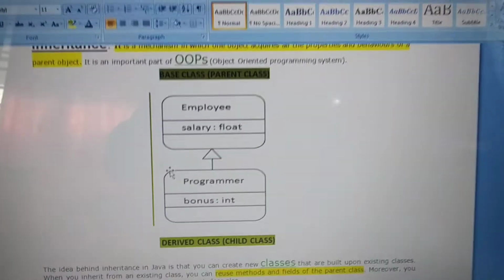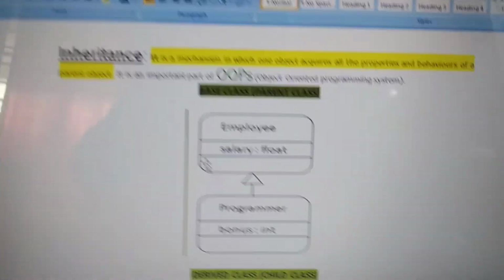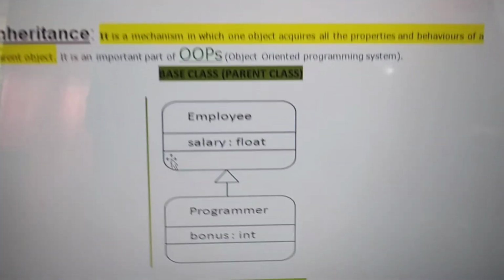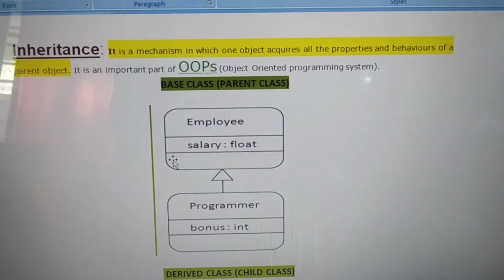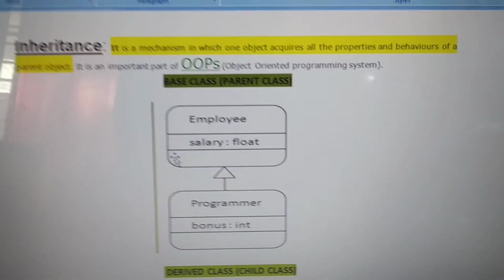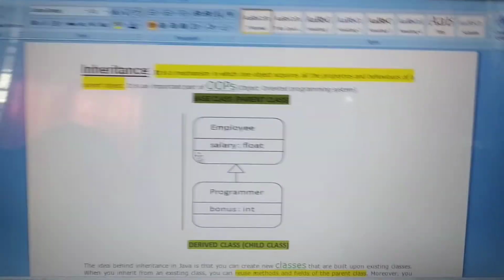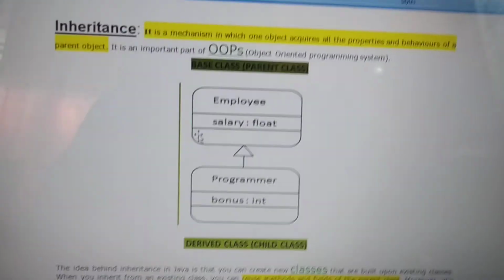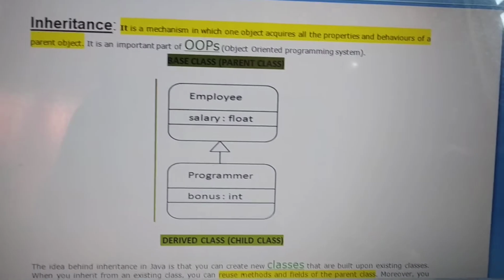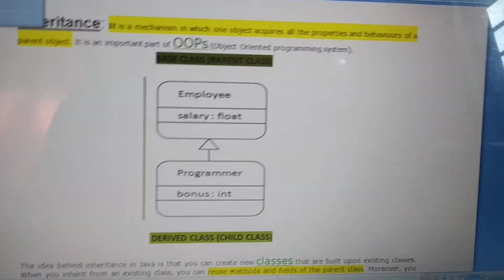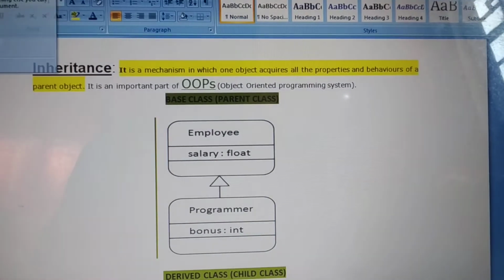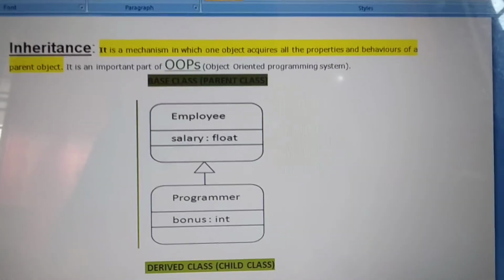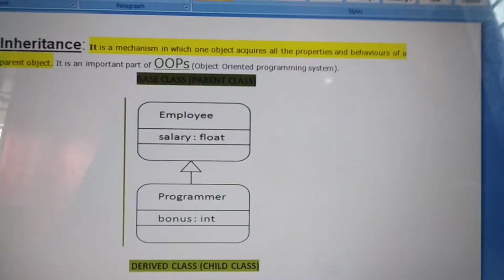The last feature of object oriented programming is inheritance. So now, what is inheritance? This is also a very interesting feature of object oriented programming language. Now see here in this diagram.